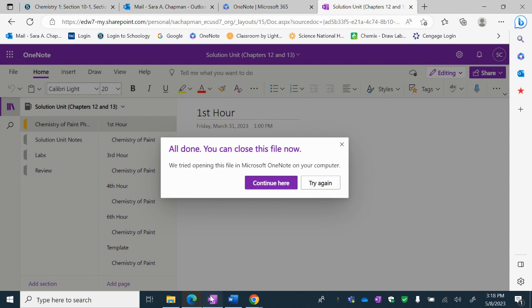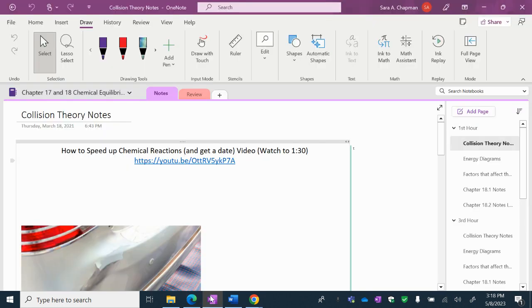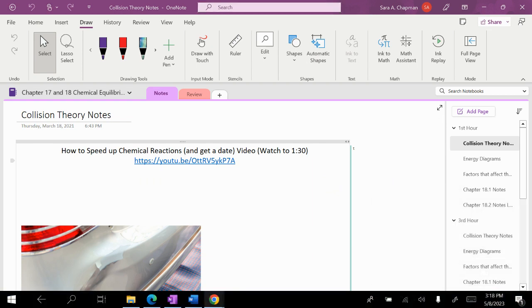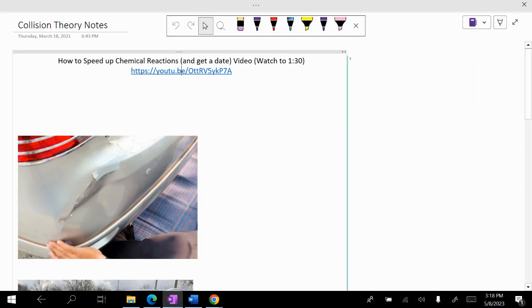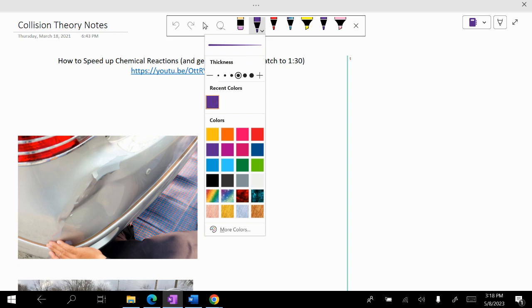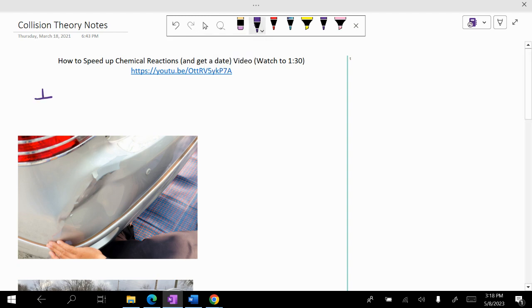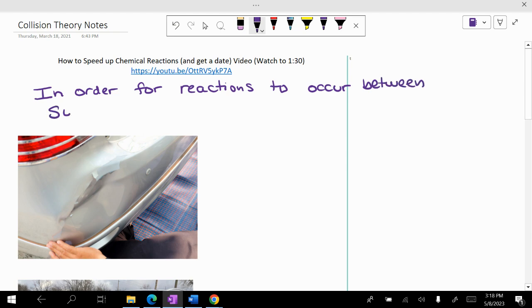So let's talk about effective collisions. In order for reactions to occur, you must have collisions.